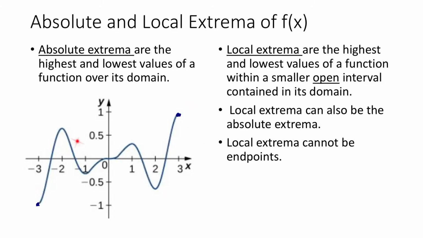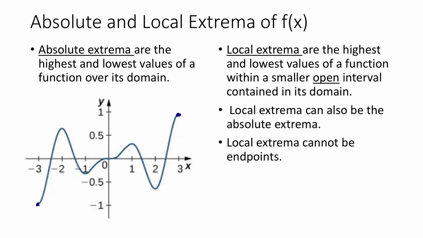So let's look at this graph here and see what we mean by absolute extreme values. So we can see that this is the lowest value of all for this entire graph, and we would call that the absolute minimum. This right here is the highest value for this entire graph, so this would be your absolute maximum.